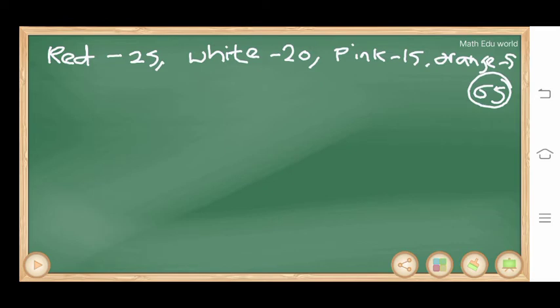Question 1 is, show that the probability of selecting 3 red roses is approximately 0.0527. So this question deals with selecting 3 red roses out of 65 roses.